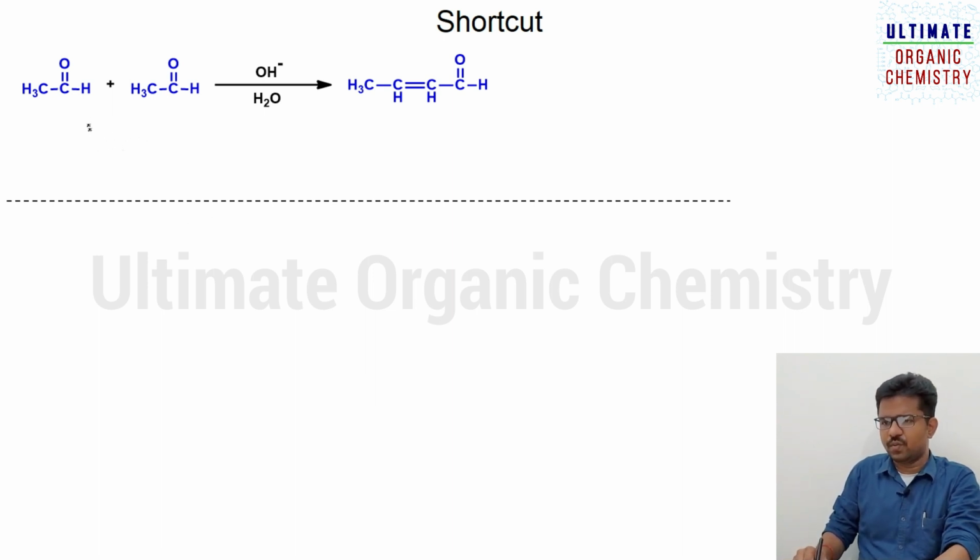Whatever aldehyde or ketone you have been given, you need to write it like this. You have C double bond O over here, and here you write CH3 and hydrogen. You need to write it as a straight line. Now from the other partner, you need to identify the alpha hydrogen.